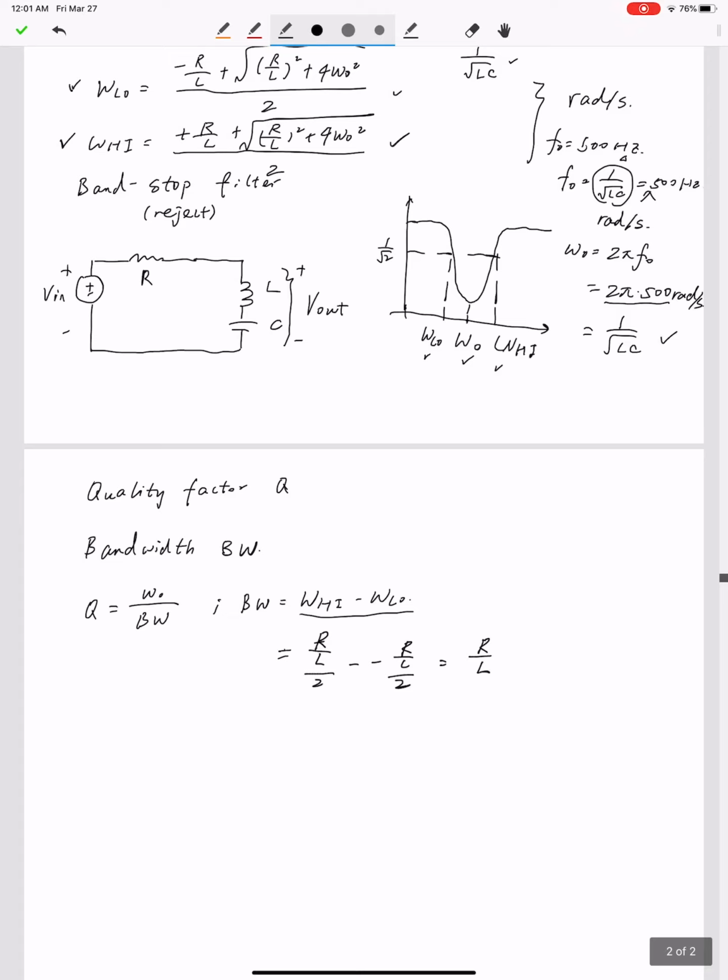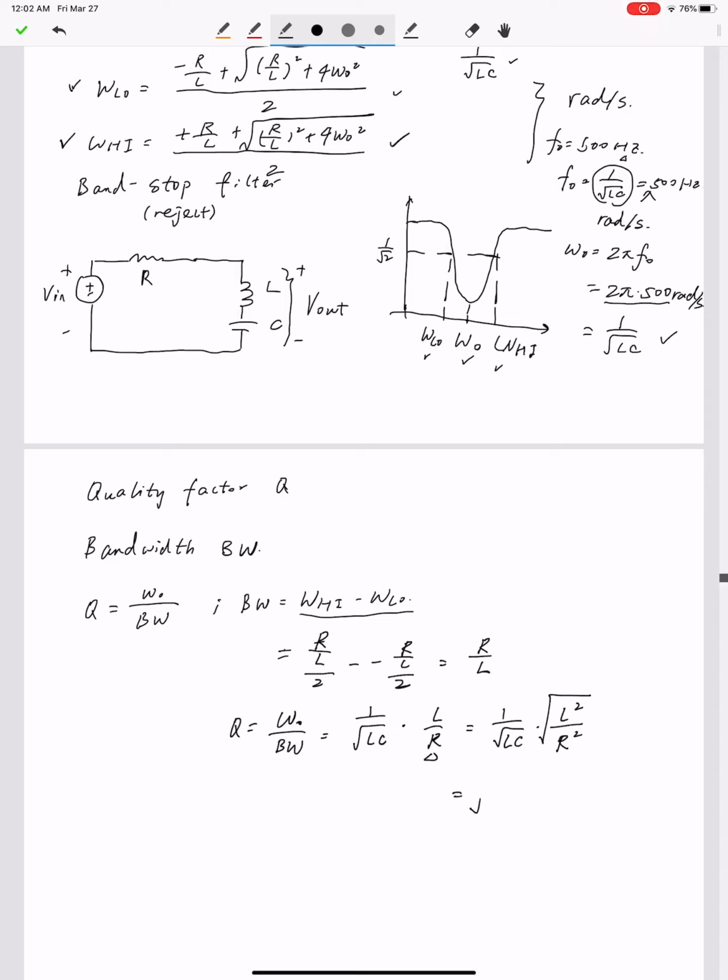After we have the bandwidth, we can find the quality factor Q. Q equals omega 0 divided by bandwidth, and omega 0 equals 1 over square root of LC times L over R, right? We can modify the second term a little bit, and that is the square root of L squared over R squared.